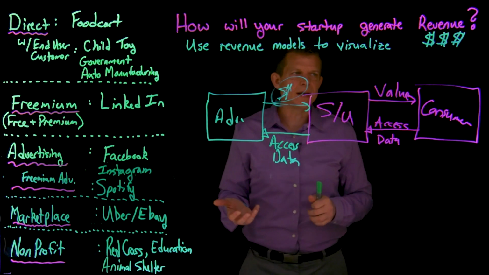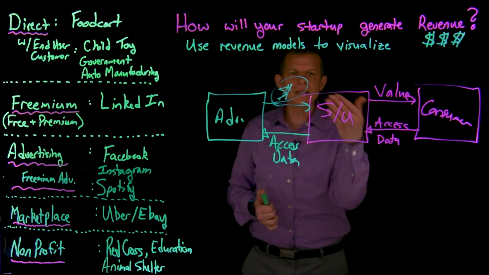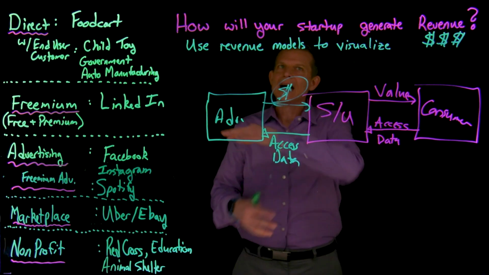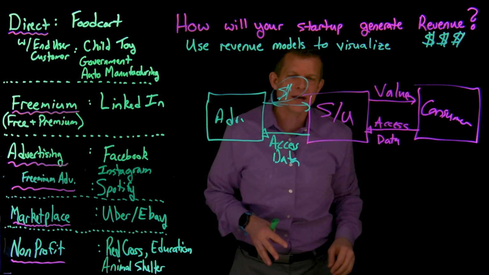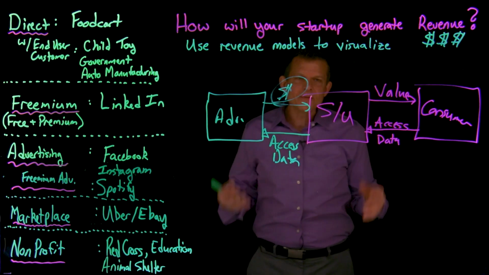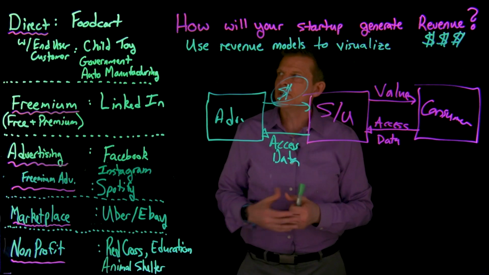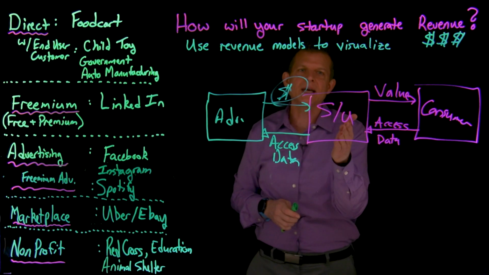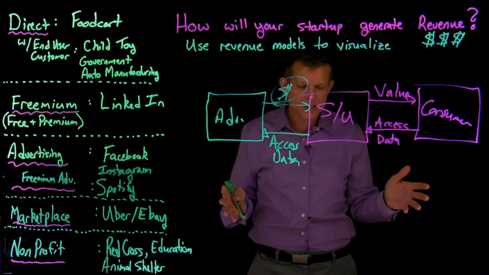One of the things that I find about entrepreneurs is that they love to make applications. And the first question I always ask them is, how will your application generate revenue? Often applications don't generate revenue in the direct model because consumers aren't directly paying for that app. There are some few exceptions.